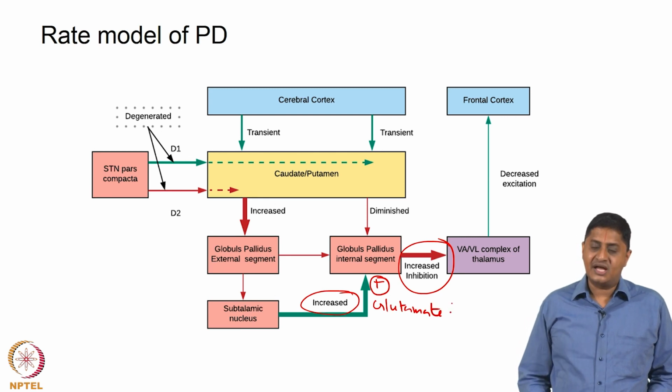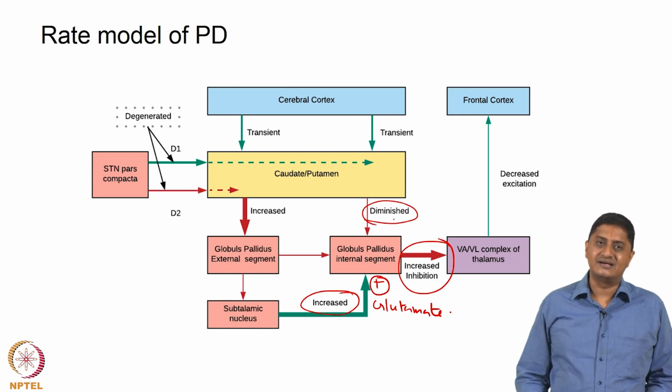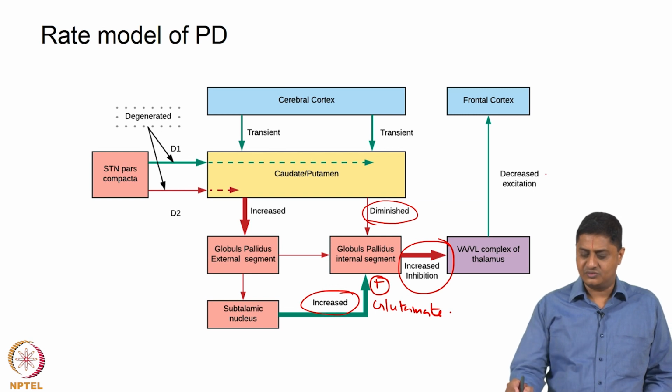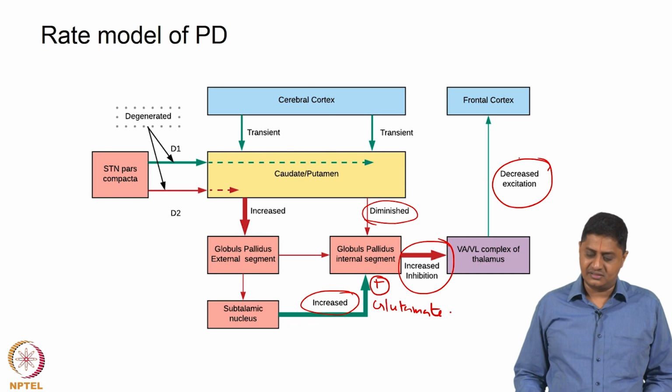It turns out that the activity of the direct pathway is diminished or reduced. Because of this reason, there is a net inhibition at the VA/VL thalamus, essentially leading to a reduced amount of excitation at the cortex, right.